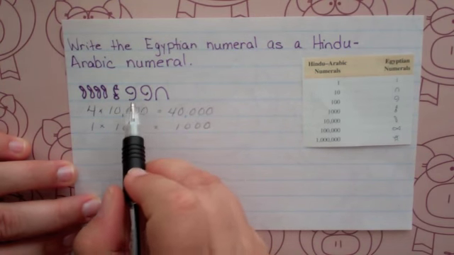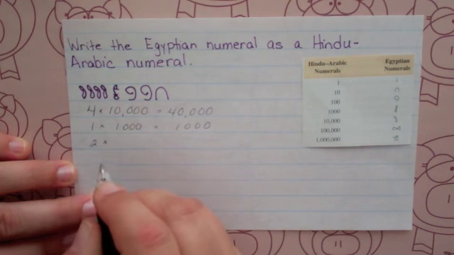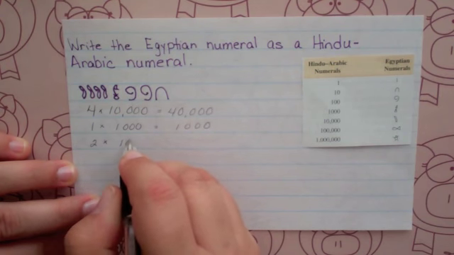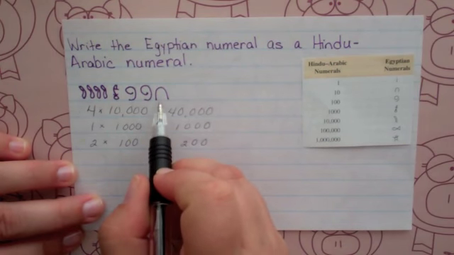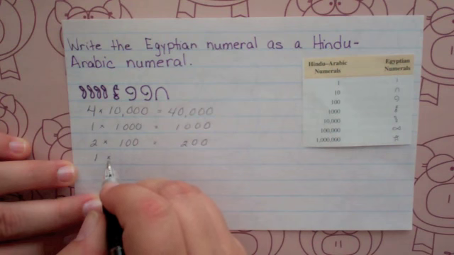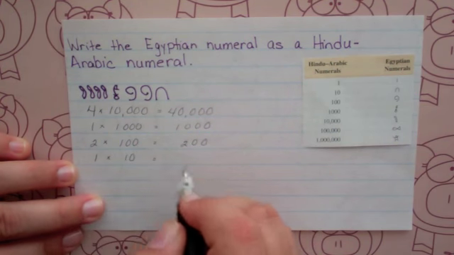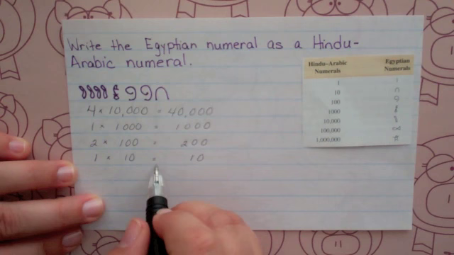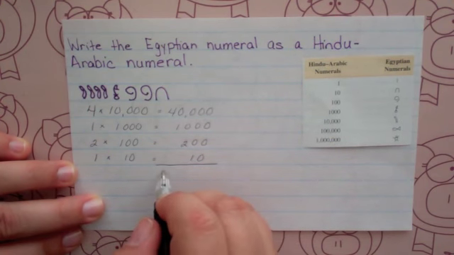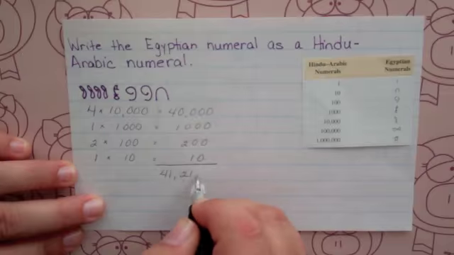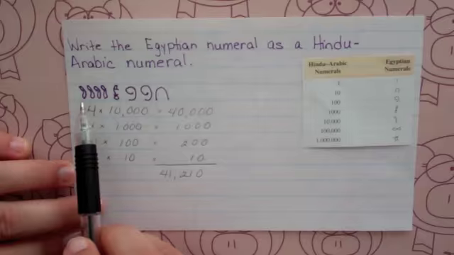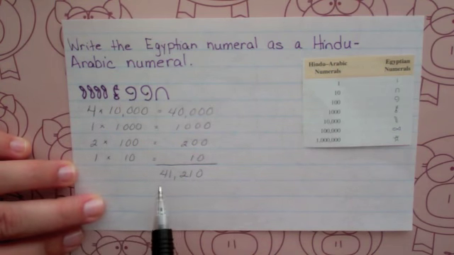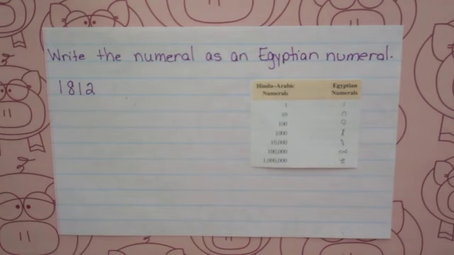The next thing I see is 2 scrolls. Each scroll is worth 100, so that's 200. And finally, I see 1 heel bone, and a heel bone is worth 10. Now I add all these up. I can do that one in my head: 41,210. So this Egyptian numeral represents 41,210.